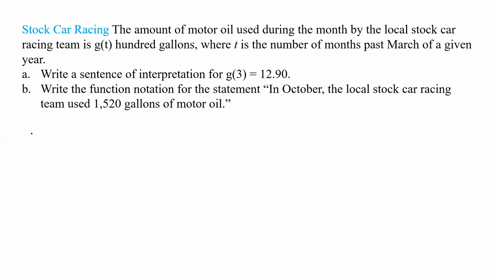All right, so for A, we want to write a sentence kind of like this last one. And so here, T is 3, and it's past March. So March, we have April, May, June. So we can say, in June, the local stock car racing team used, now we use 12.900 gallons.